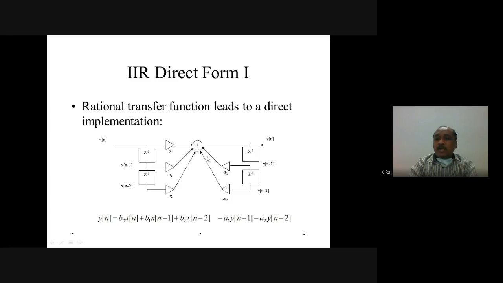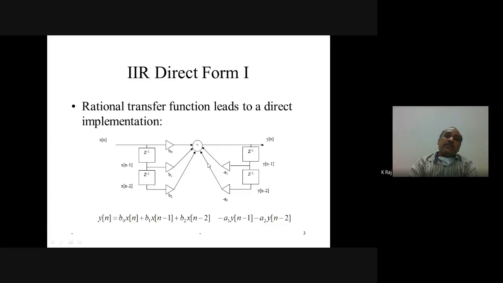Now we add them to get the second term, minus a1 y(n minus 1) minus a2 y(n minus 2). If we add these two terms, the first associated with x(n) or its delayed versions, and the second associated with delayed versions of y(n), the previous outputs, then we get y(n). y(n) is the summation of these two terms.